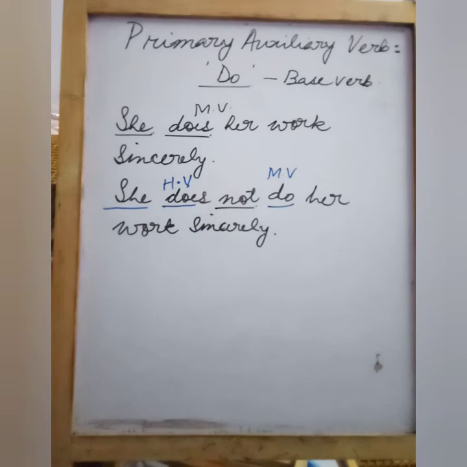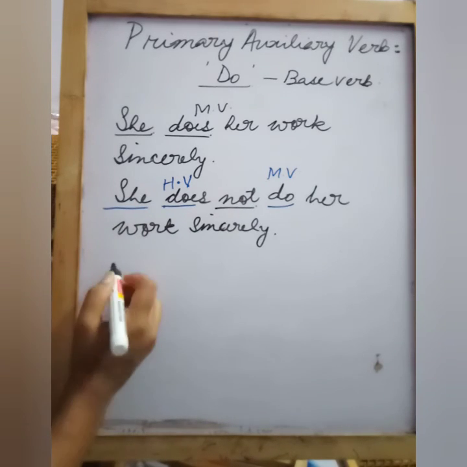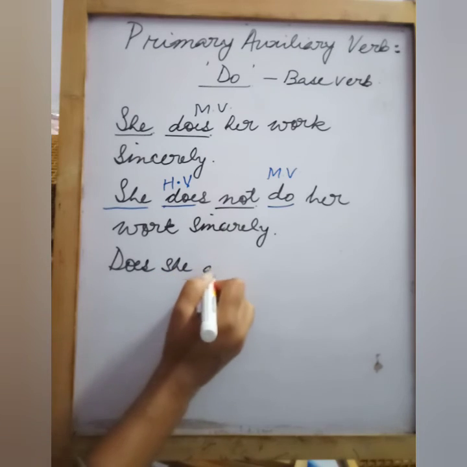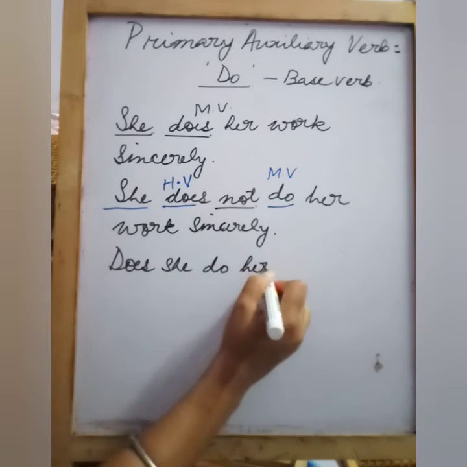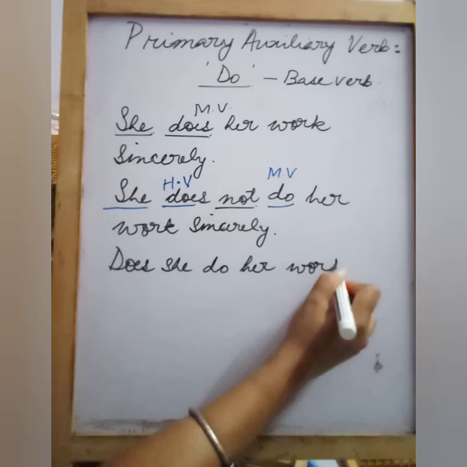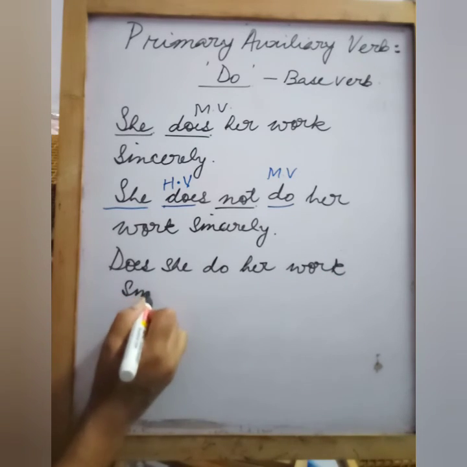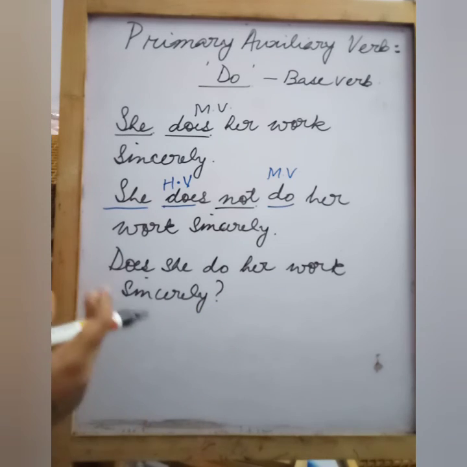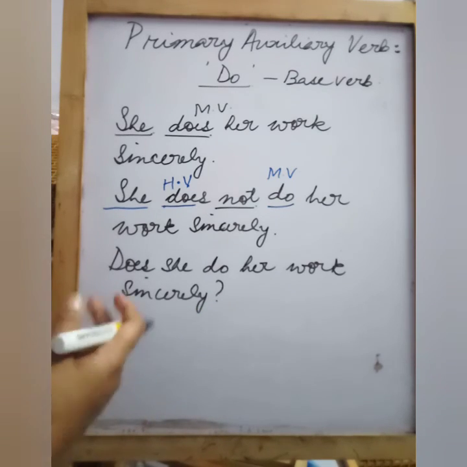Now suppose I want to change it into an interrogative sentence. Then what will it become? Does she do her work sincerely? So I am asking a question, isn't it? So it is in the interrogative form.